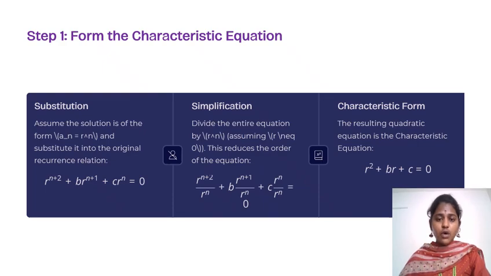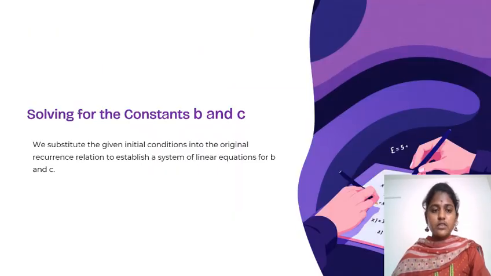This reduces the order of the equation. r^(n+2)/r^n + b r^(n+1)/r^n + c r^n/r^n = r squared + b r + c = 0.